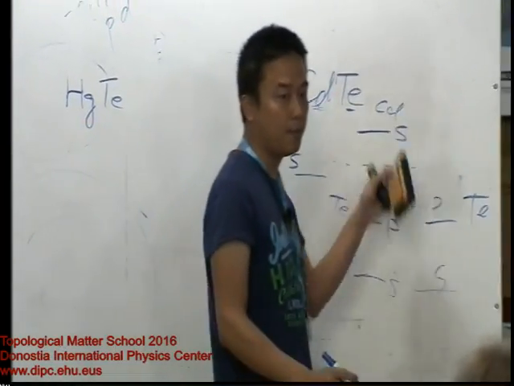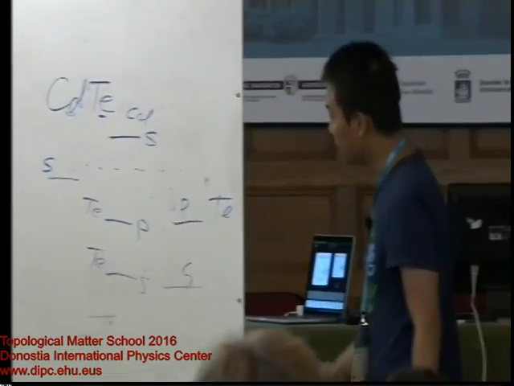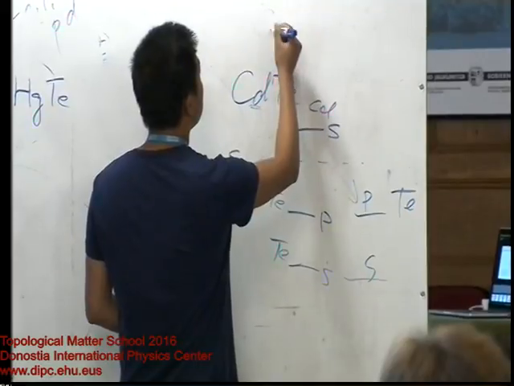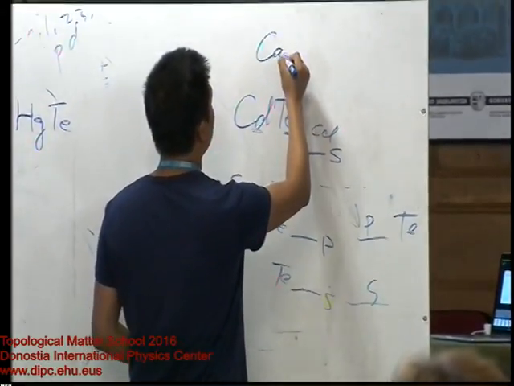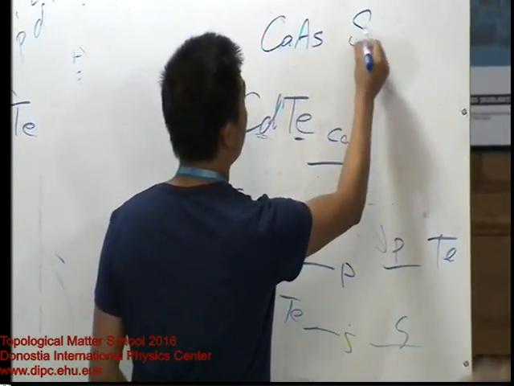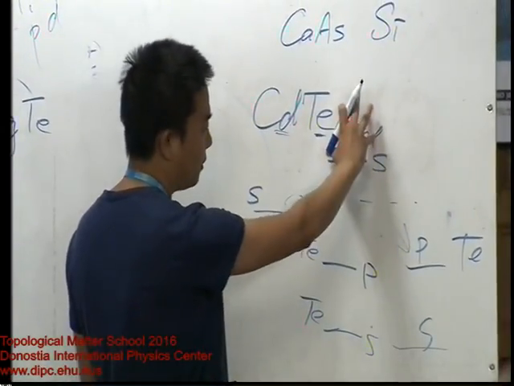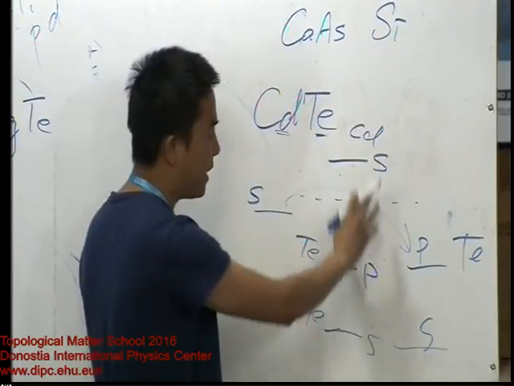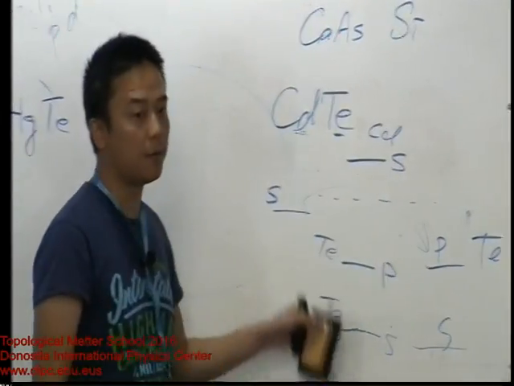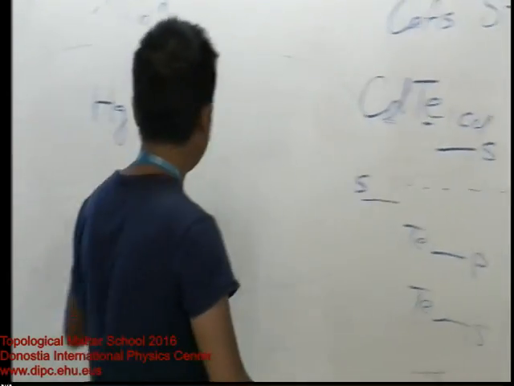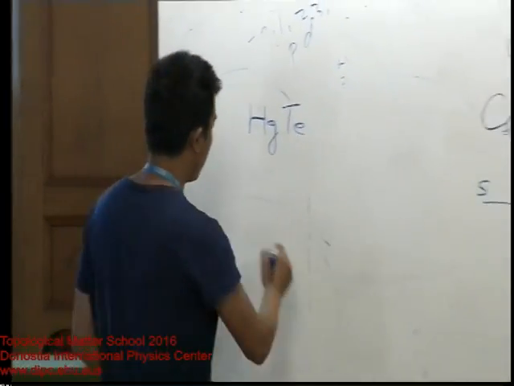This material is a simple insulator. Actually, this applies to most semiconductors, for example gallium arsenide, and even silicon. There is an empty orbital at the conduction band, and this sp band is filled as the valence states.